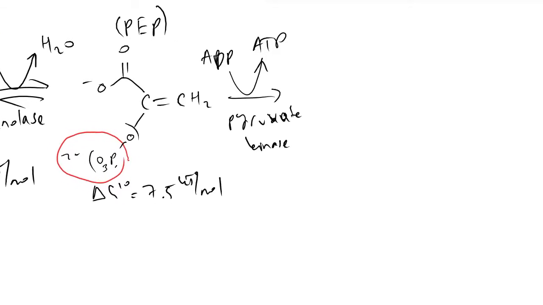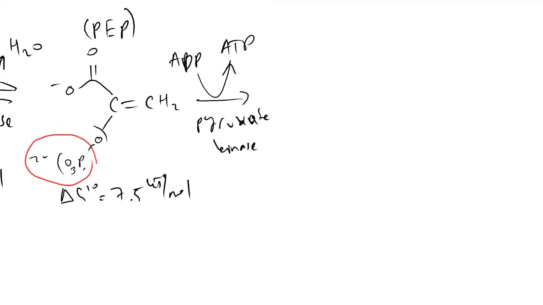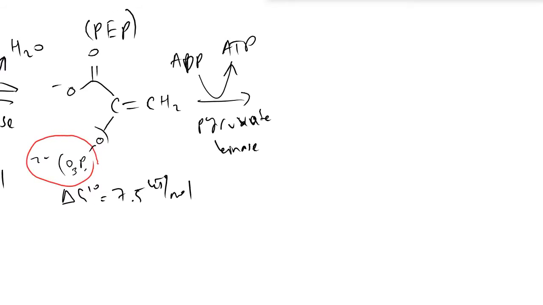And the final structure of pyruvate is a keto-enol tautomer that looks like this. So we have the same functional group we had before, and this carbon will now have a hydroxy group attached to it, and it is still sp2 hybridized. So we'll have a functional group like this. This is the enol form of the molecule.